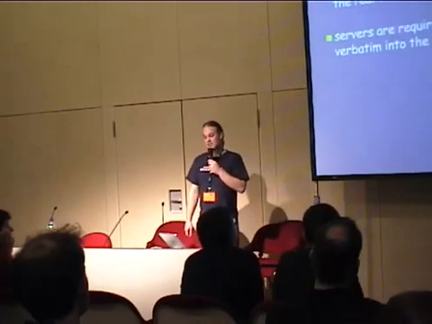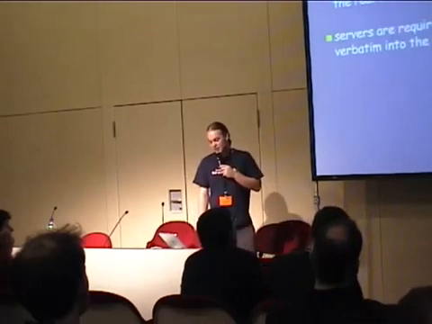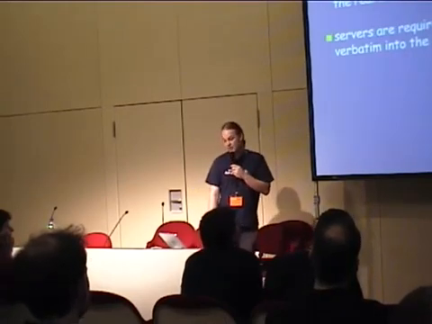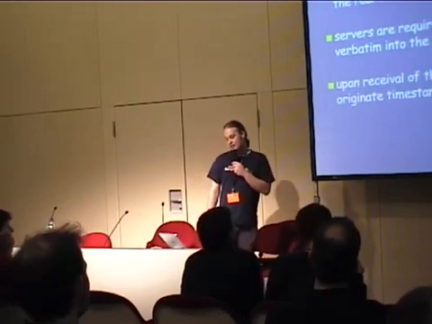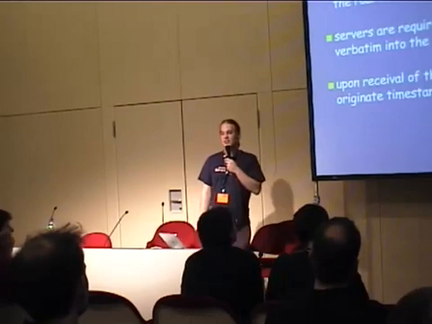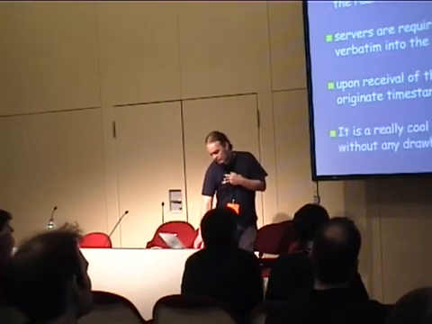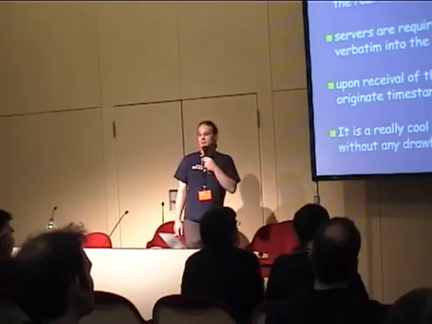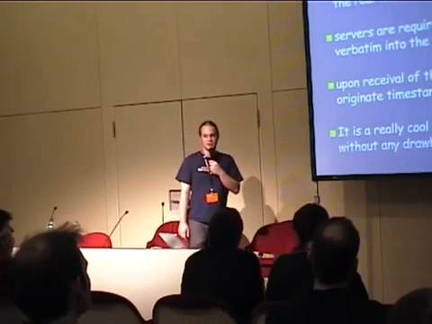All servers are required to copy that timestamp verbatim into the original timestamp field in the reply. They are not allowed to change it whatsoever. So upon receival of the reply, we check that the original timestamp matches the cookie we sent out. This is a really cool hack, extending NTP security. It's really cool because it doesn't have any drawbacks.